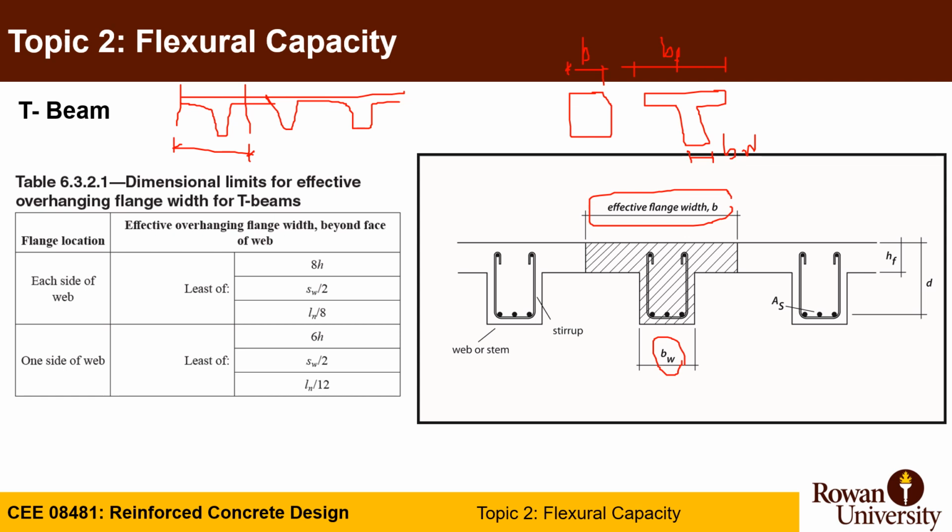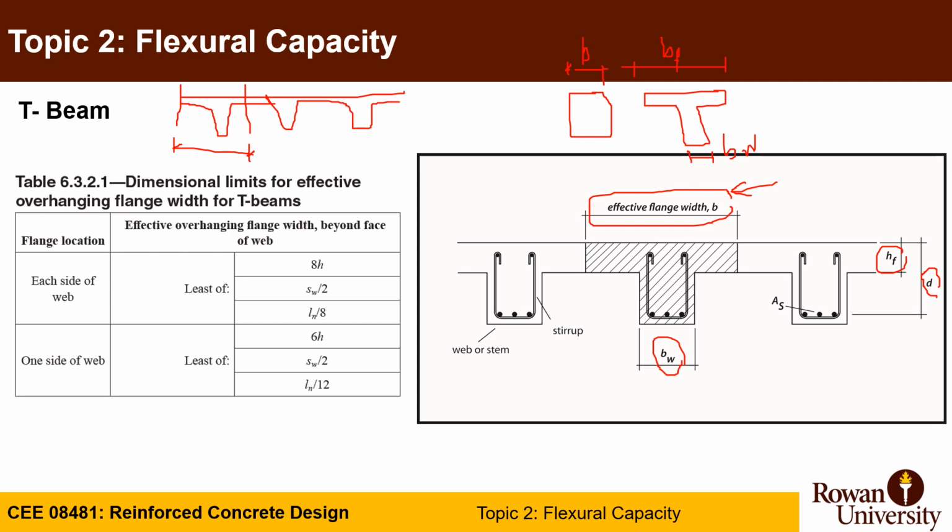Total structural depth D will be provided, and also the thickness of the slab, HF. ACI table 6.3.2.1 provides guidance on the distances to calculate the effective flange width B.